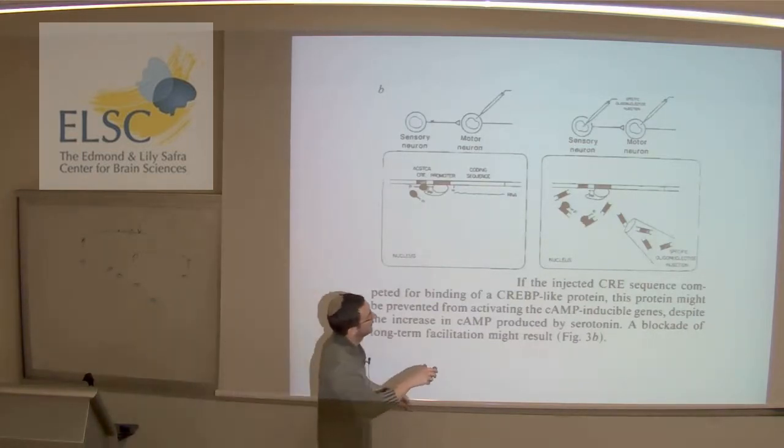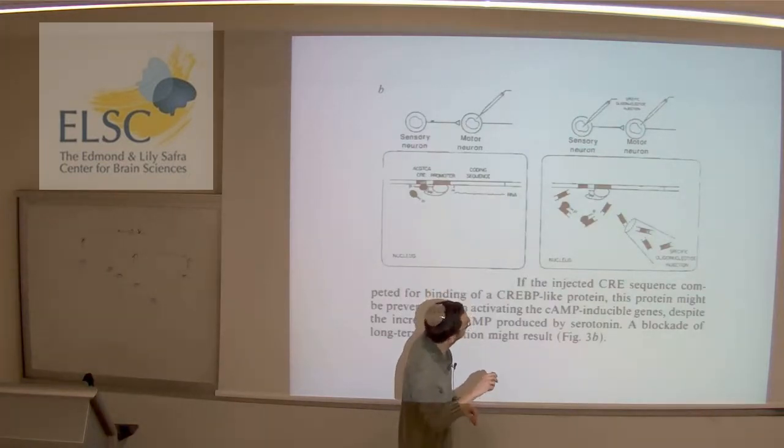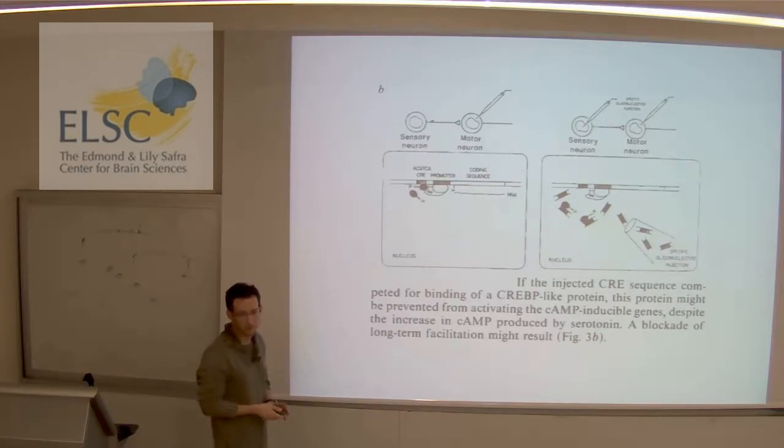And what do we inject here? So now you see an electrode stuck into the nucleus in the sensory neuron. What did they inject into the sensory neuron? Different things, but here it's what? The what? Yeah, okay.